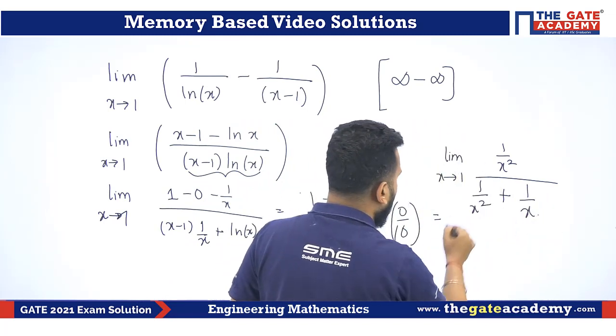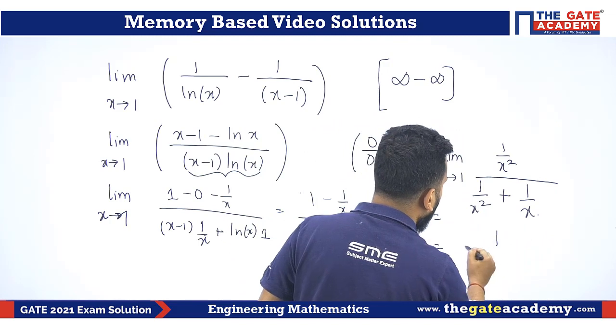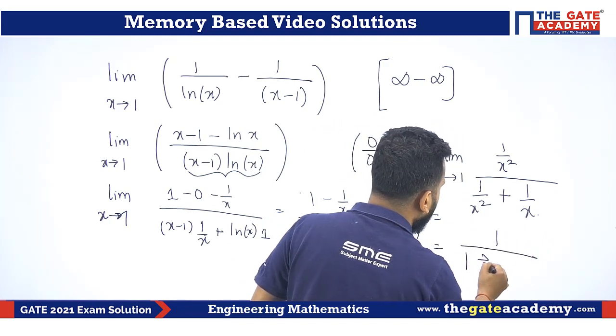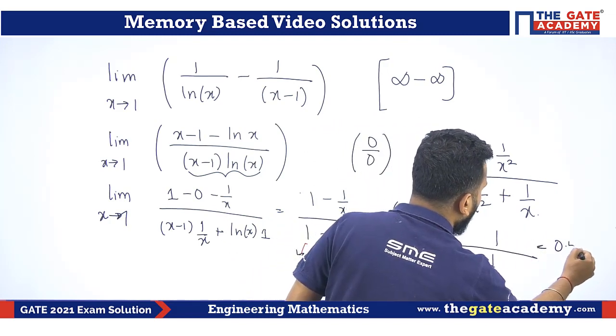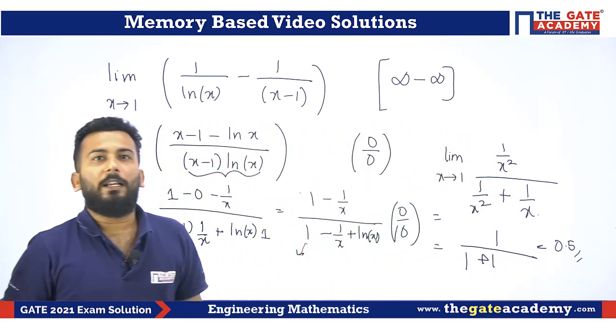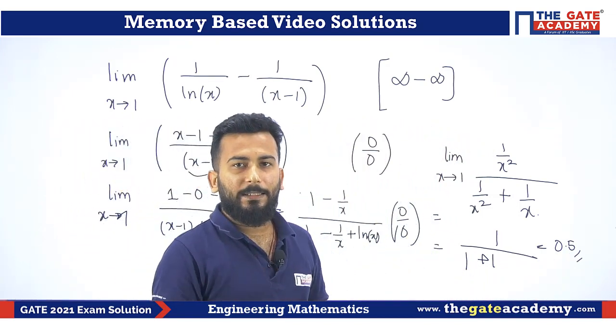If you finally substitute 1, it will be 1 by 1 plus 1, and it is coming out to be 0.5. So we are getting 0.5 as the answer.